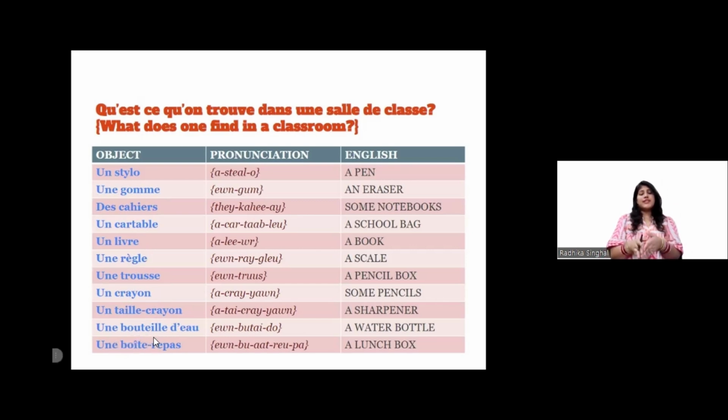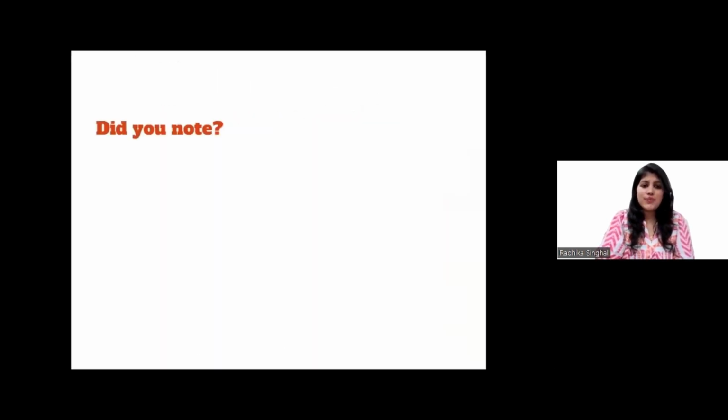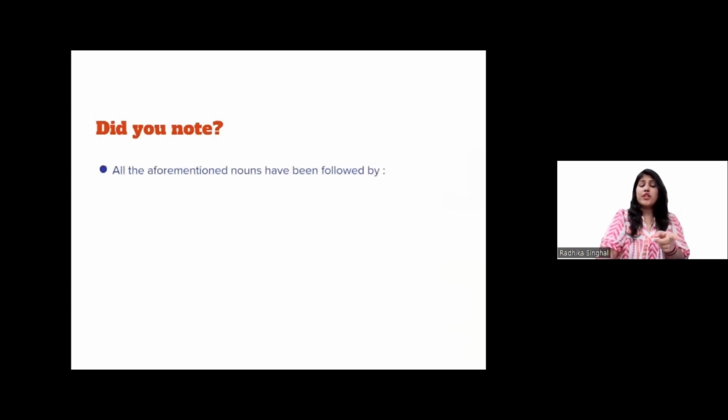So, on this slide and on the previous slide, you learned all the vocabulary of objects and people you find in a classroom. Let's move on to our lesson now. So, did you note all the aforementioned nouns have been followed by un, une, des.